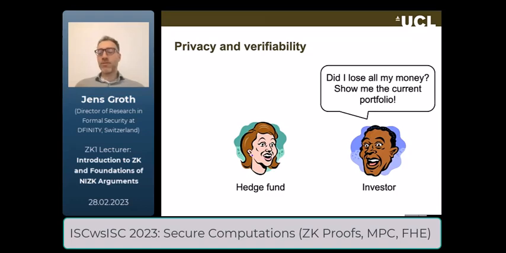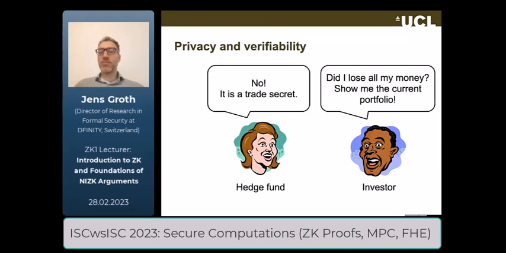But we can also imagine that whoever is holding that money doesn't want to say so much about the money. If you think about a hedge fund, it has all these clever proprietary trading schemes, and it doesn't want to disclose that. So it cannot just disclose the portfolio, because that would also tell something about what kind of activities it has and what kind of things it's investing in.